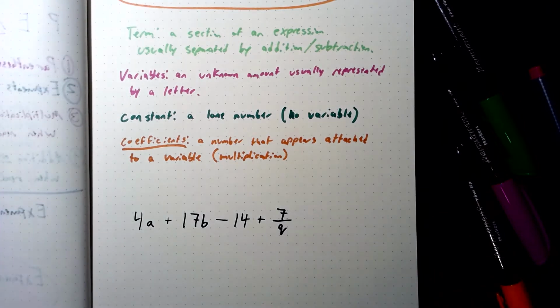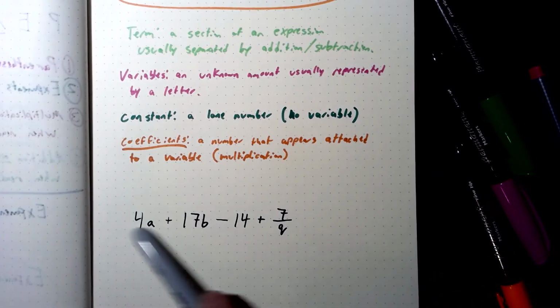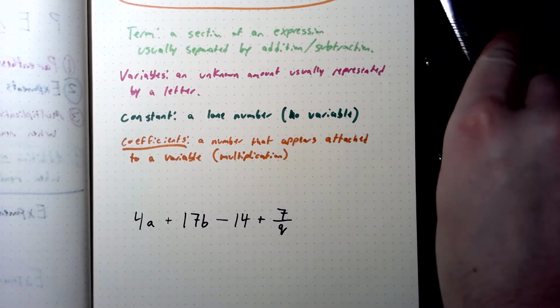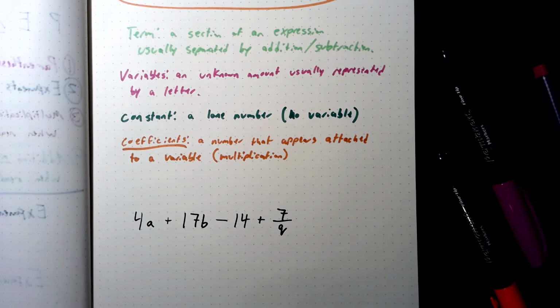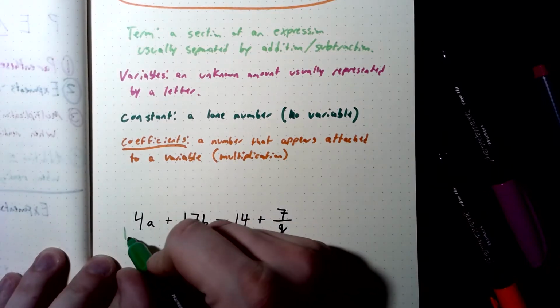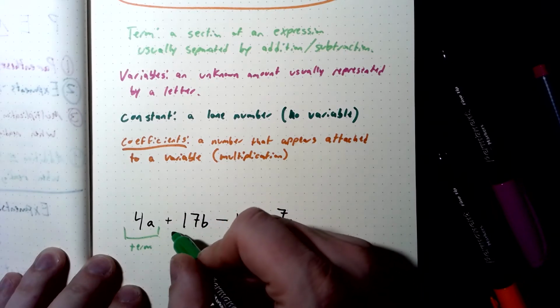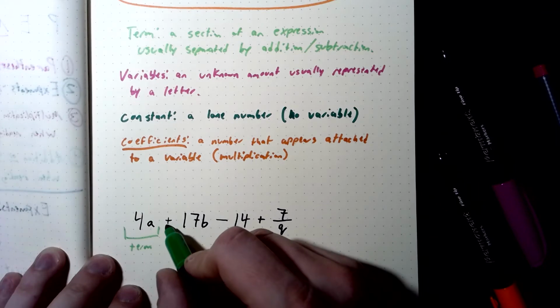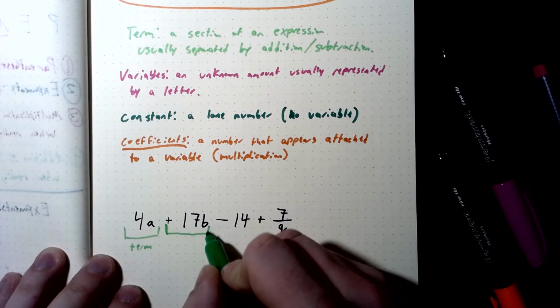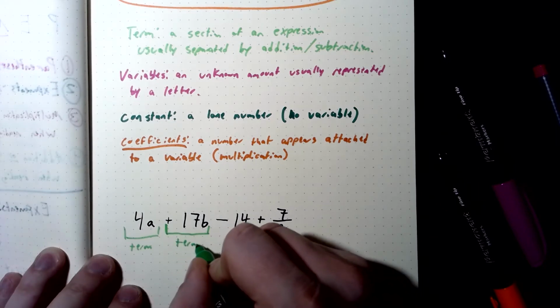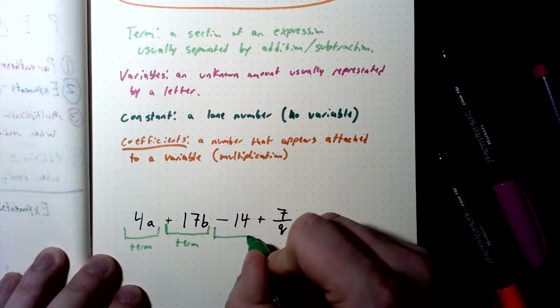Okay? So we have our expression here. This whole thing is one giant expression. Our terms are going to be here. This is a term. Here, I'm going to include this plus sign in front of the 17b. This is a term. Include the minus sign.